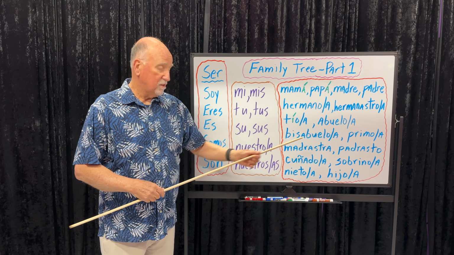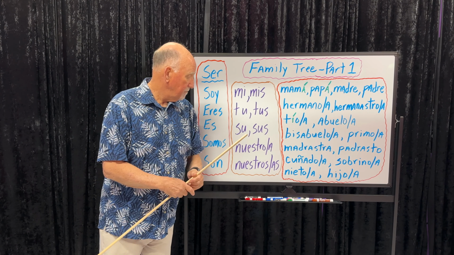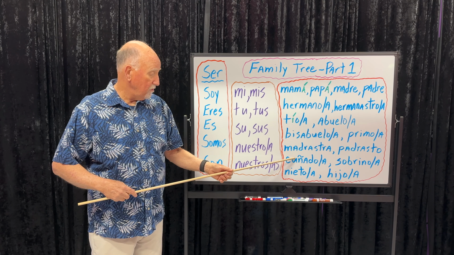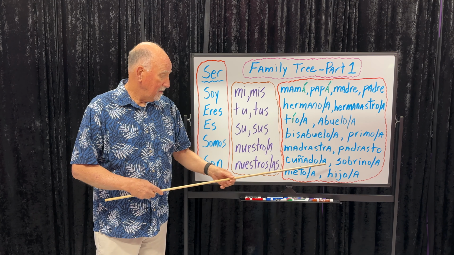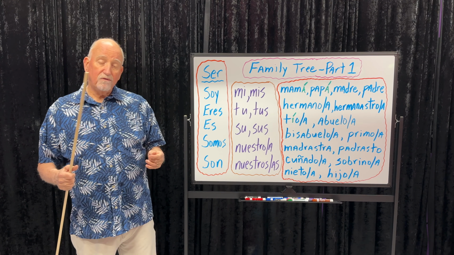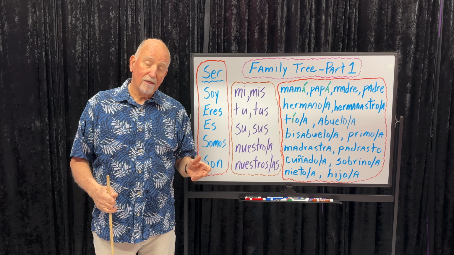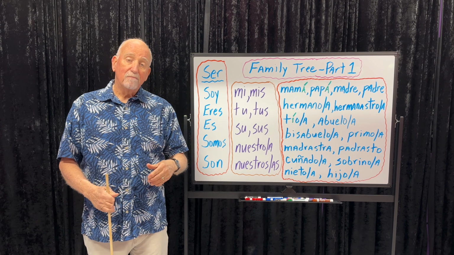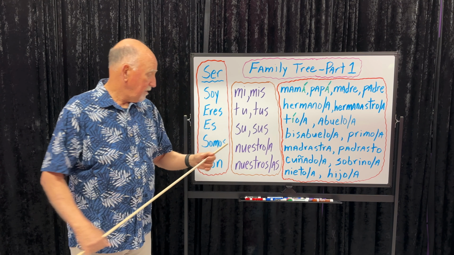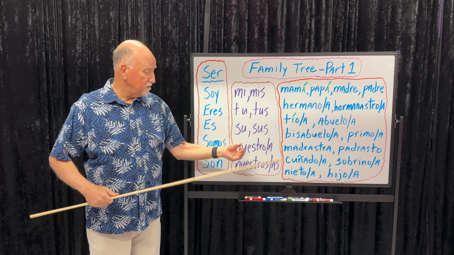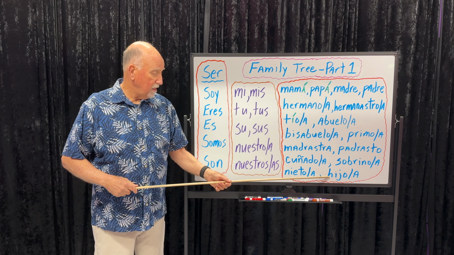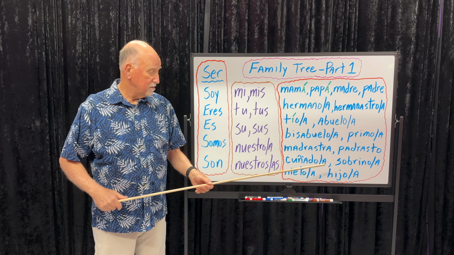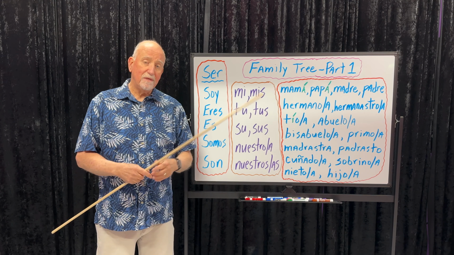Mis bisabuelos, my great-grandparents. Cuñado, brother-in-law, cuñada, sister-in-law. Now, if you had more than one brother-in-law, right, you have many sisters that are married, it would be mis cuñados. Okay, grandchildren are nietos, and children are hijos, or sons. So mis sobrinos would be nieces and nephews.